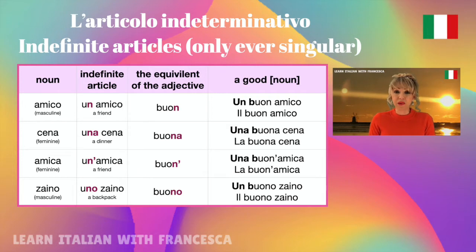And the last example is the word zaino, the backpack. The indefinite article for zaino is uno. Why? Because it's masculine singular but begins with a Z. So uno zaino. That means that the correct equivalent of buono would be buono with an O ending, just like uno has an O ending. A good backpack would be un buono zaino.